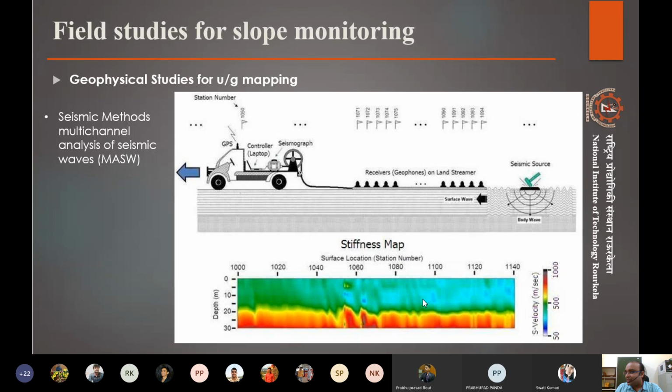This suggests that for approximately 15 to 20 meters, the soil or material present on the ground has lower material properties of density and strength, Young's modulus and all, while these are higher as depth increases. We can interpret this based on these values.